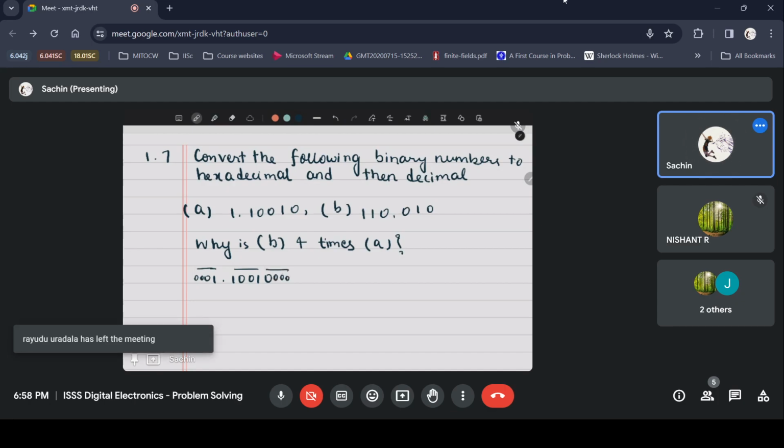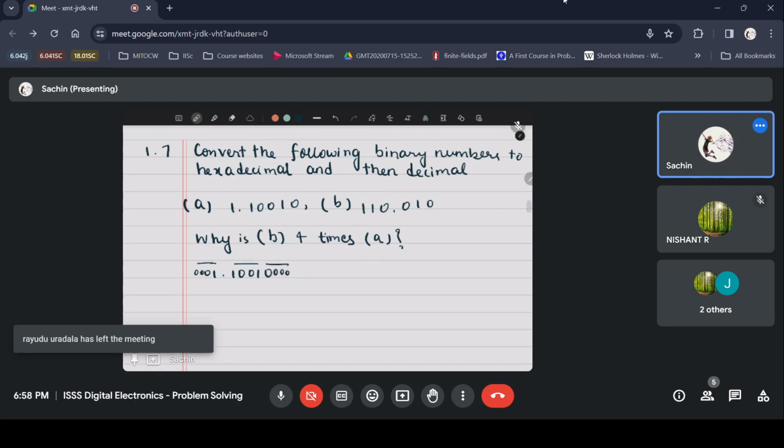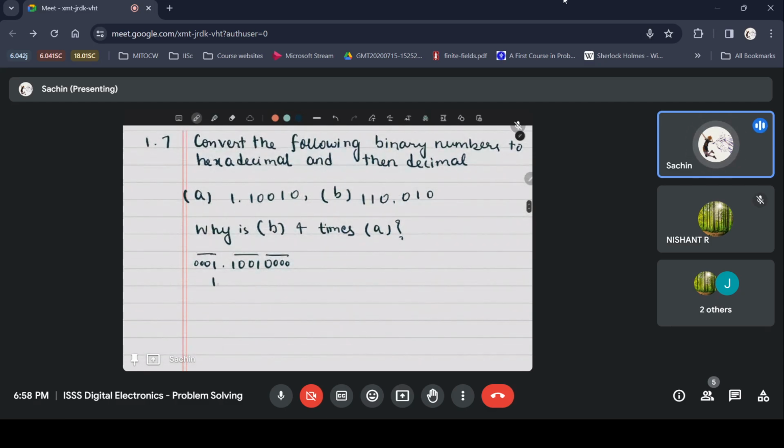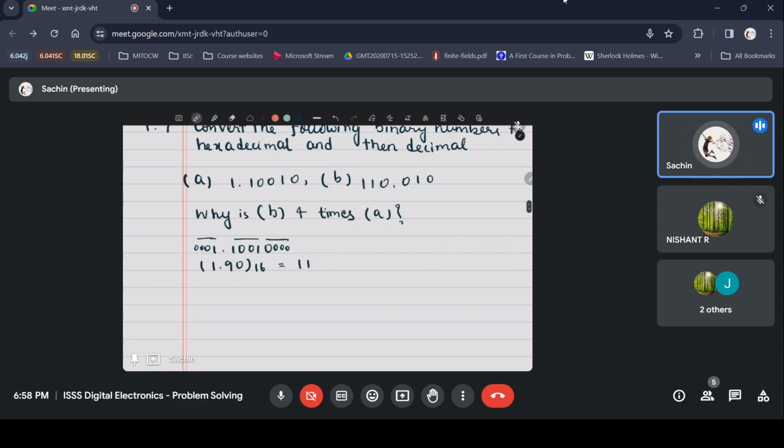Again here you can do the same. So this will be 1.9 in hexadecimal, which is nothing but 1 plus 9 over 16. So 25 over 16 will be 1.5625 in decimal.